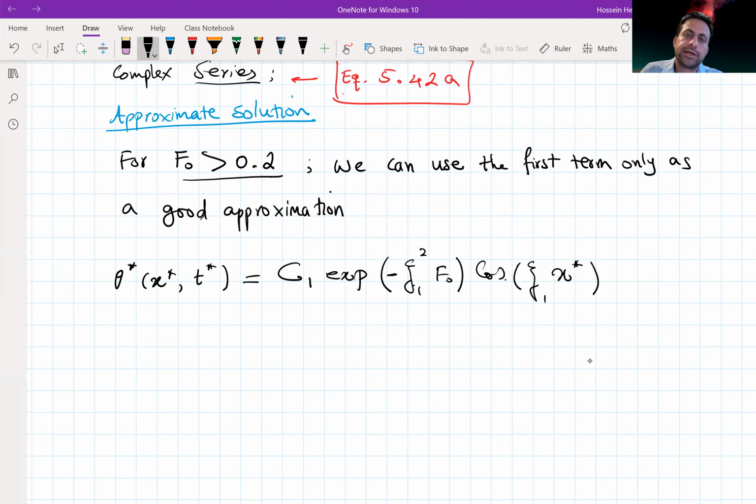So this is going to be the approximate solution for when Fourier is greater than 0.2, or T star is greater than 0.2.